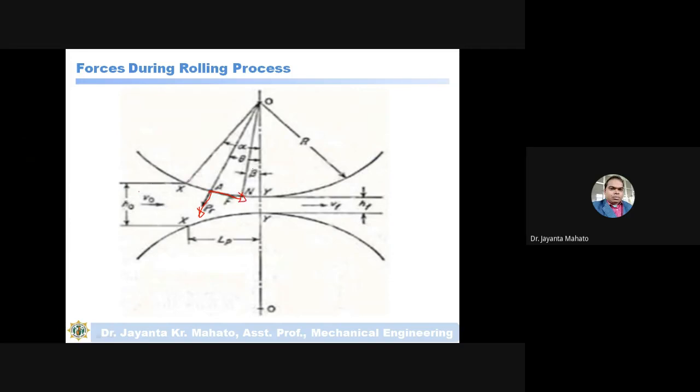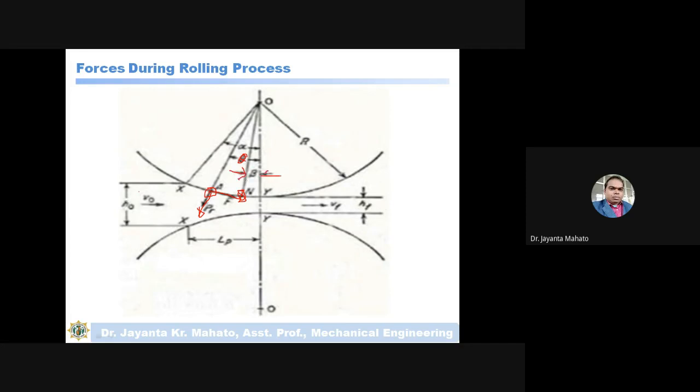Suppose this is the neutral point. This angle is theta, and this is the neutral point, and this angle is beta.